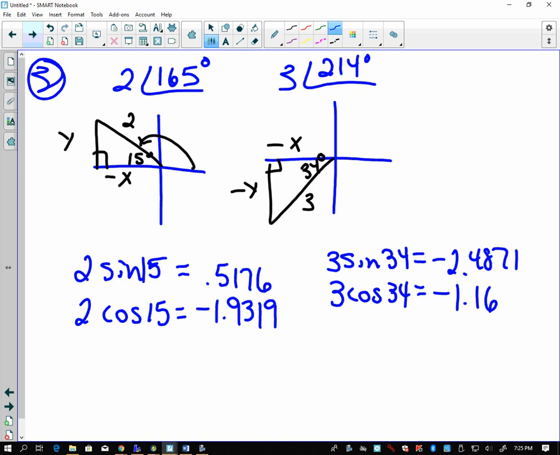All right? So we're going to add these things up. We're going to add our y's. So we get 0.5176 minus 2.4871. Okay, and make sure I get the right thing in here. Oh, I see what I did. I got the wrong number here. Should be negative 1.6776. Double check that. 3 cosine 34.